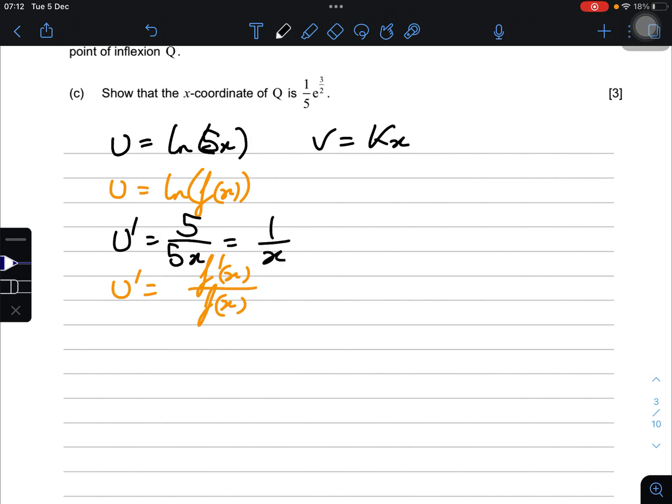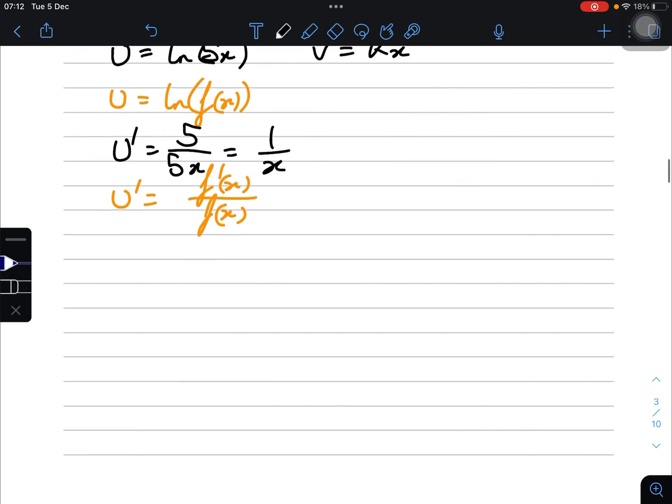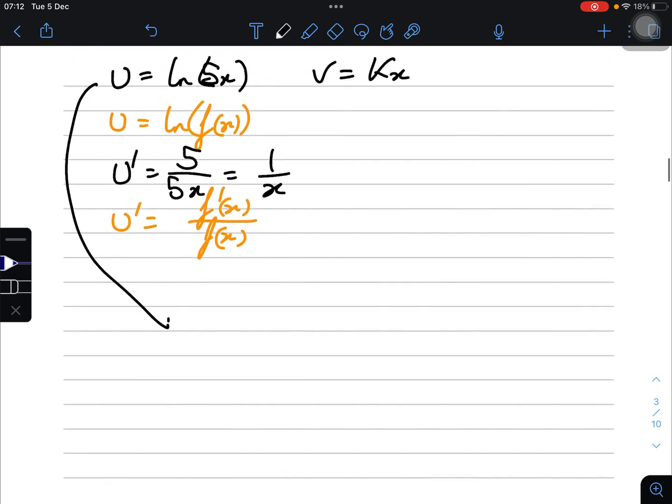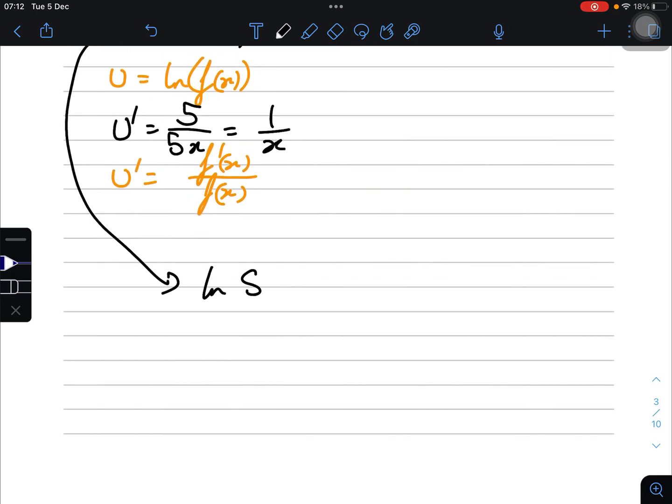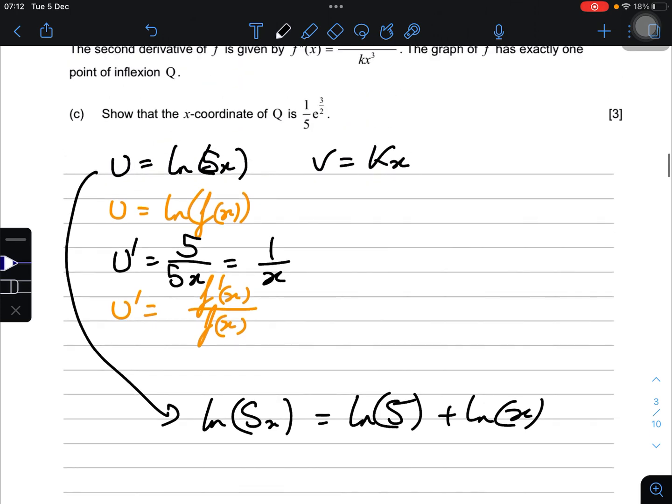And if we think about that, that makes a lot of sense, because on a side note here, ln of 5x is equal to ln of 5 plus ln of x, by our rule 1 on our logarithms.